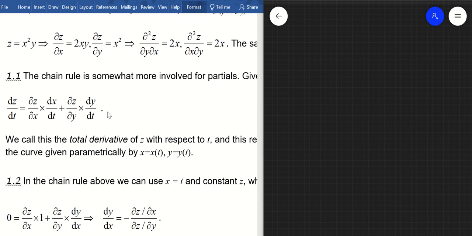But as we move along a surface, we go up in Z. We don't go up in Y, but we go up in Z because there's a change in X and a change in Y. And what we have to do is separate the change in X and the change in Y. So we get two terms, not one term.